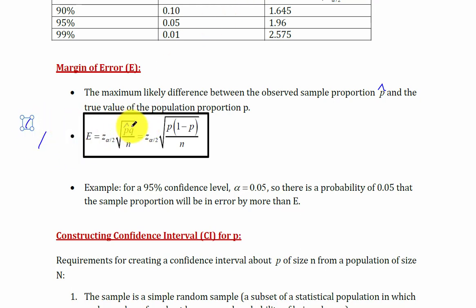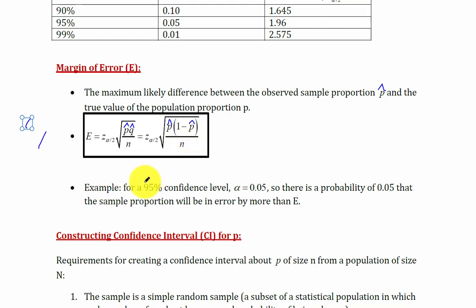So P hat times Q hat divided by n, and that is the square root of that. Now P hat is the same P hat, and Q hat is what? It's just 1 minus P hat, the complement of P hat. Because P hat and Q hat added together equal 1. So Q hat is just 1 subtract P hat, and n is just the sample size.